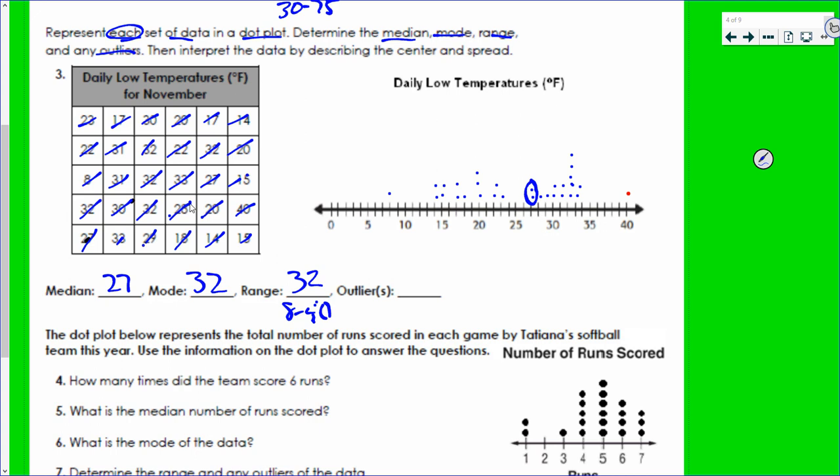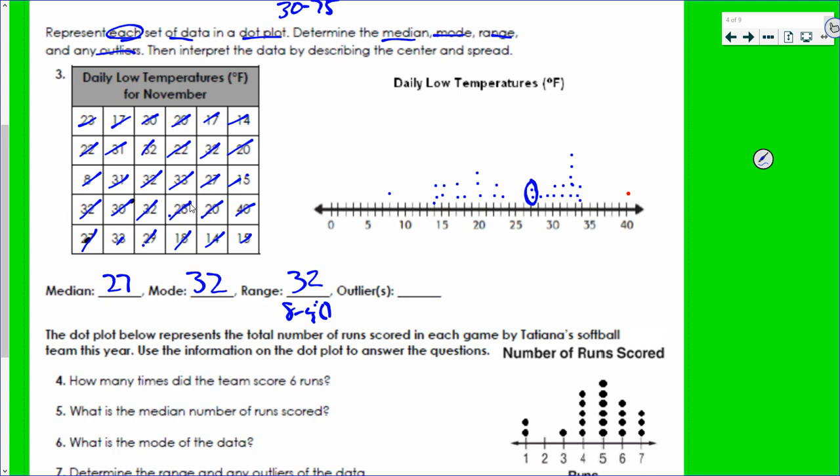I would be honest, on this data set, I have a feeling they tried to make it so there were 2 outliers. I think if we actually did this mathematically, you'd find that they're not. The problem is, this data set is so spread out that it gives you a lot more room before you actually find an outlier. So most of my data is between 14 and 33, right?